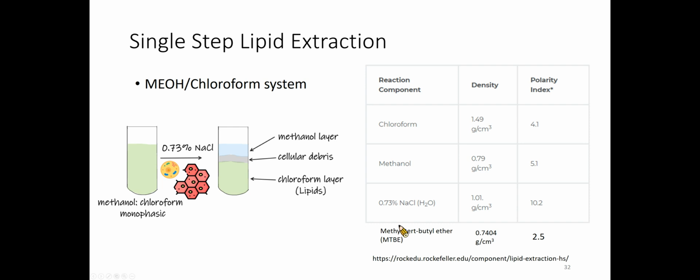The methanol and chloroform system is the most commonly used method to extract lipids for mass analysis. Originally, the methanol and chloroform mixture is a monophasic system.